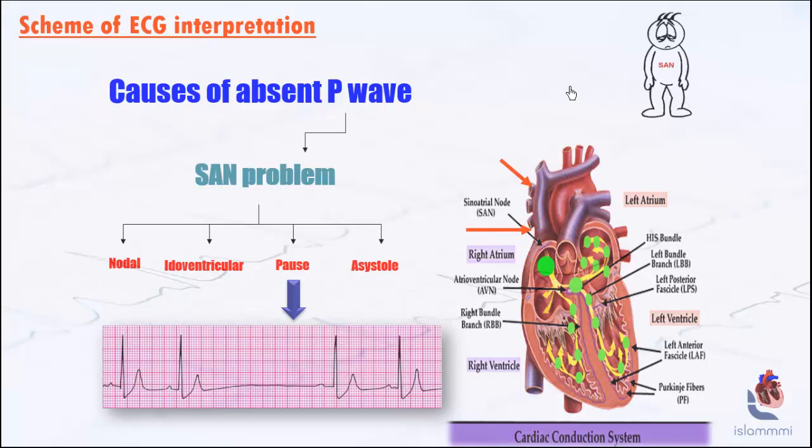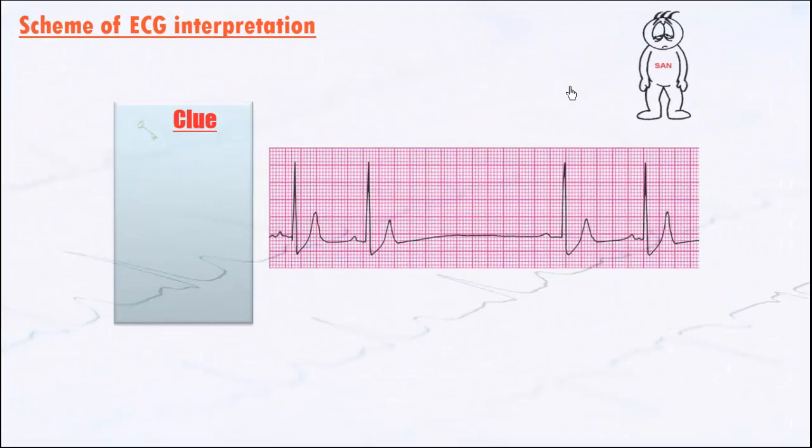So this flat line, whether your patient is disconnected from the ECG or you have a sinus pause. What do we mean by the sinus pause? It means that the SA node slept for like 2 or 3 seconds and then woke up again and started to work. So that we call sinus pause.